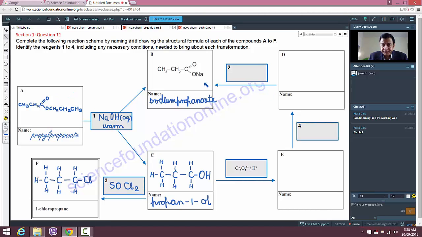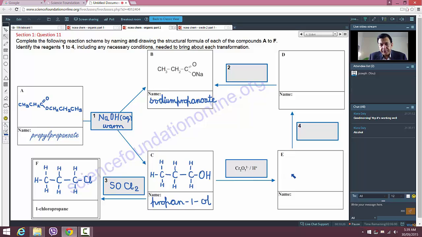Right, now we need to see which compound you get here, E, when you react this primary alcohol with acidified dichromate ions. Clearly that's going to be an oxidizing reaction, right, an oxidation. And then that would either go to propanal or propanoic acid, depending on whether you did it under reflux conditions or under distillation conditions.